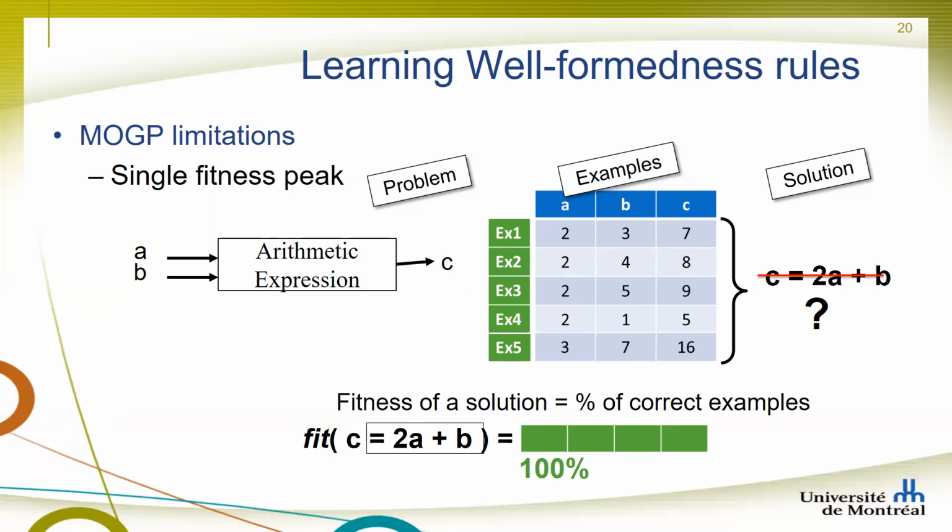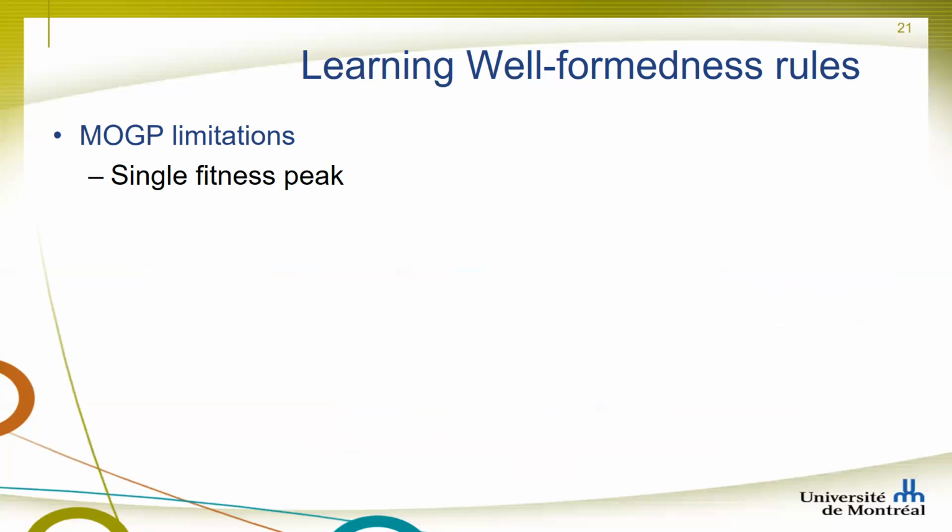Now imagine that we have a fifth example. Okay, so this does not work now because this fifth example contradicts this solution. Okay, so in fact the solution is this one, at least for these 5 examples. Okay, but what happened during the evolution?